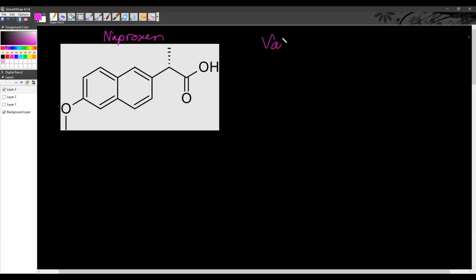What are all the valid metabolism pathways of naproxen? So let me do some labeling here. So what are some valid ones? I see aromatic hydroxylation.